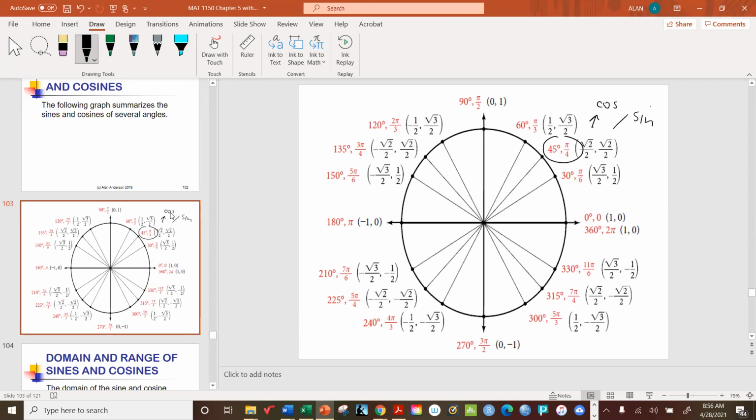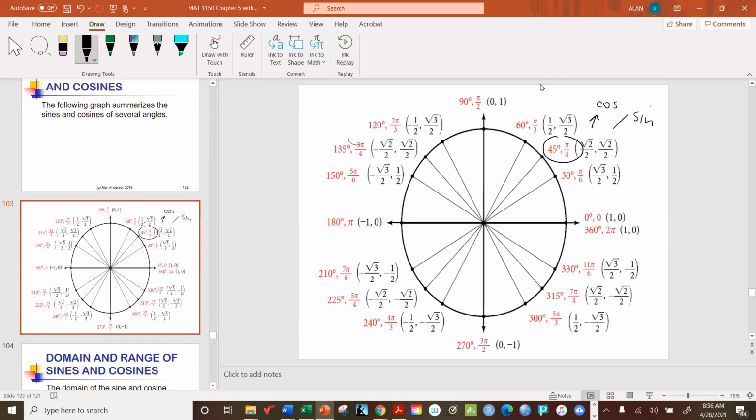So if you have this little chart in front of you, you could figure out just about any of the most common ones. I mean, obviously, if you're going to need the cosine of 57 degrees, you'll probably need a calculator for that. But for these, you can read them right off the circle. Now, look how nice this works out. If you move into the second quadrant, look what happens.